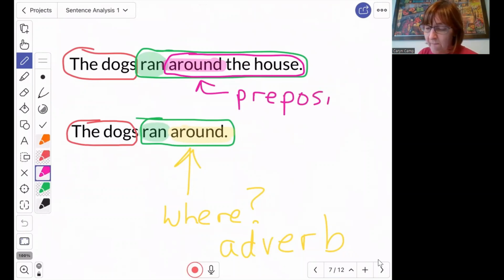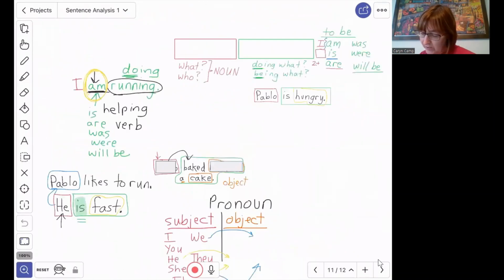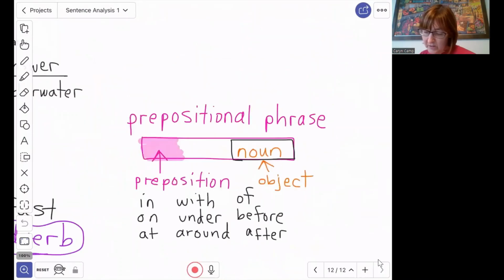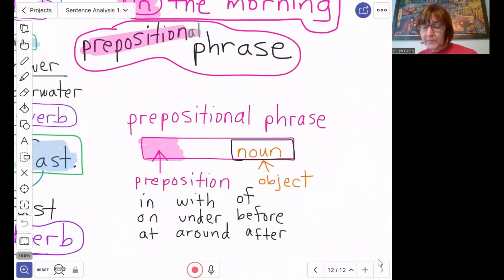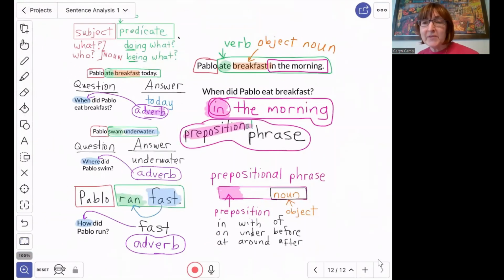Okay, let's go back to our page here. I think I'm going to show you one more example, and then we're going to stop this lesson.